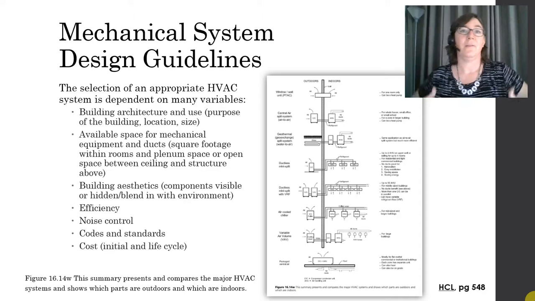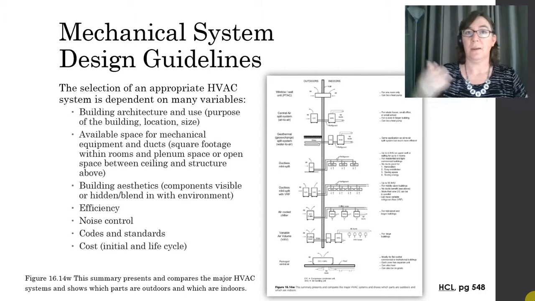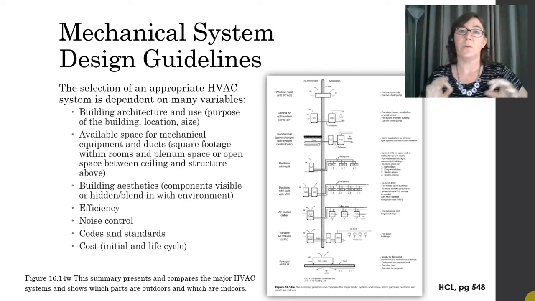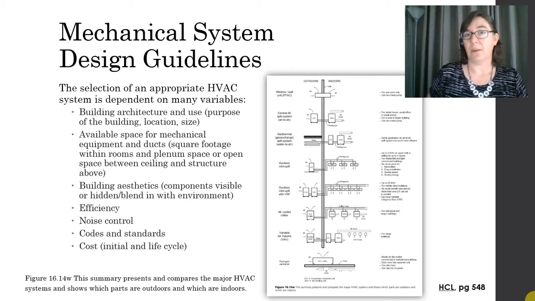In the beginning of architectural design, right in the initial stages of the projects, you're not going to know which type of mechanical system will ultimately be the correct one for your building, and you won't know the specifics of that system.